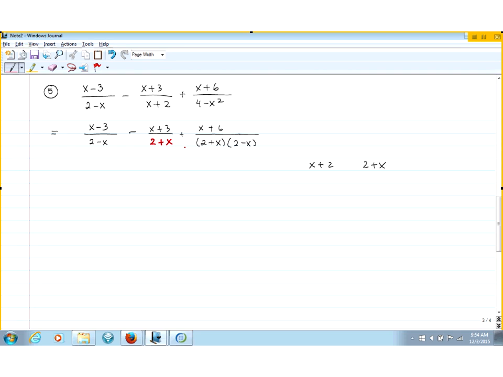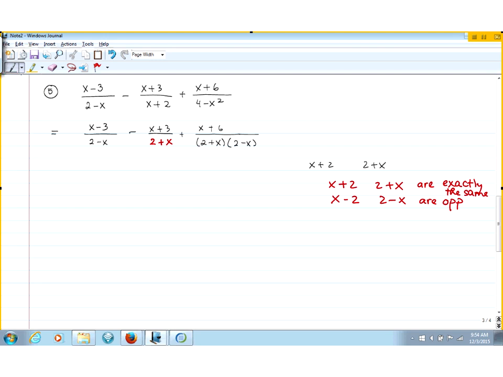They're not opposite. However, x minus 2 and 2 minus x are opposite. You have to know the difference.